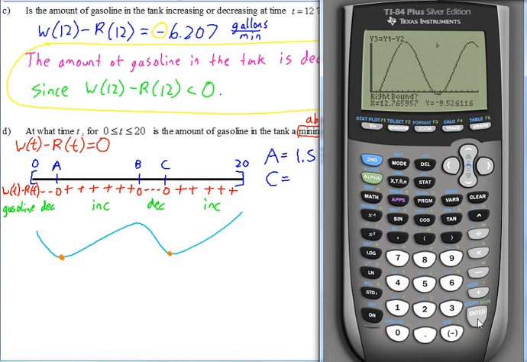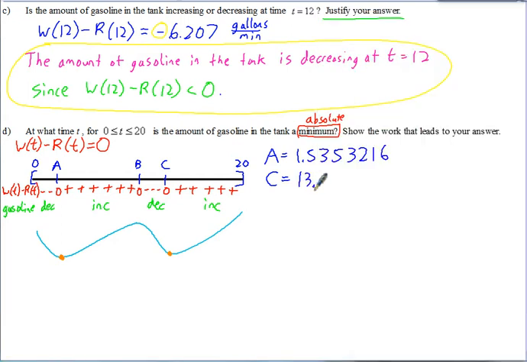So left bound right there, right bound right there, guess in between. So C is 13.491192. Store this in our calculator as C.